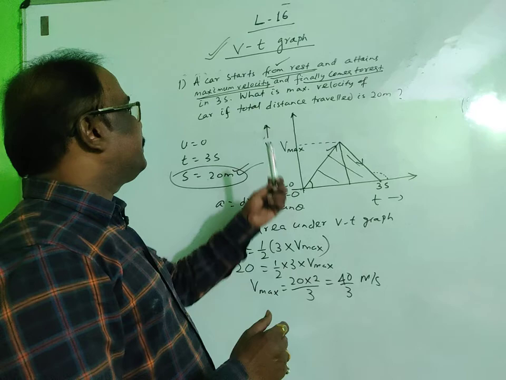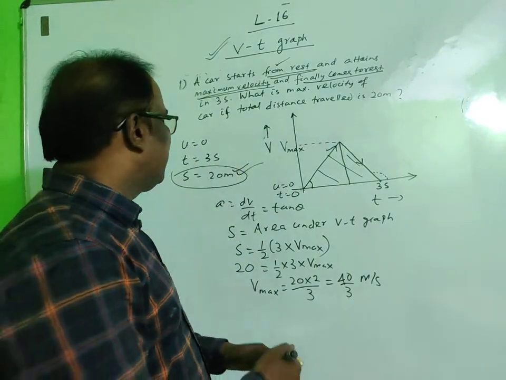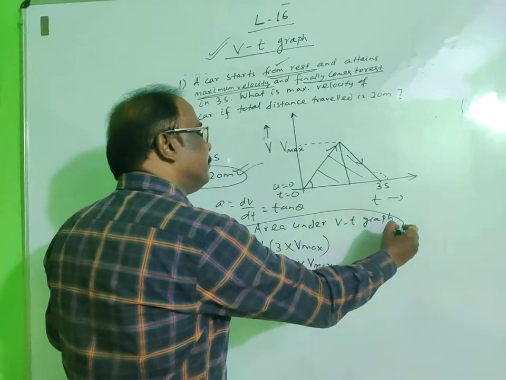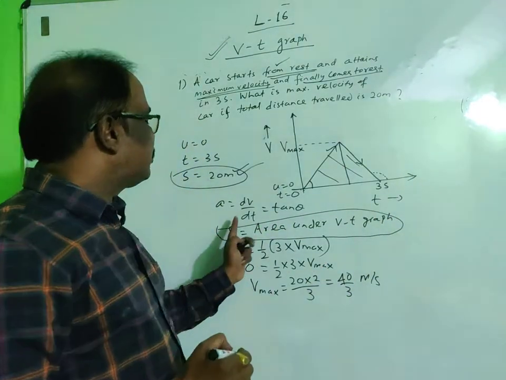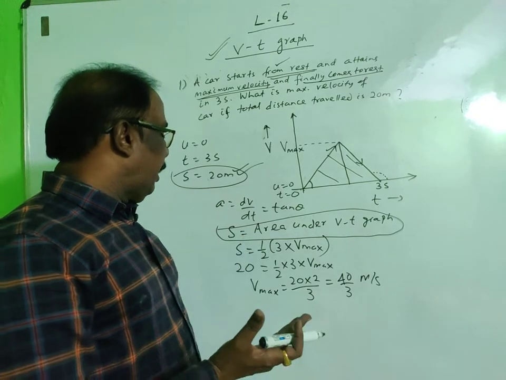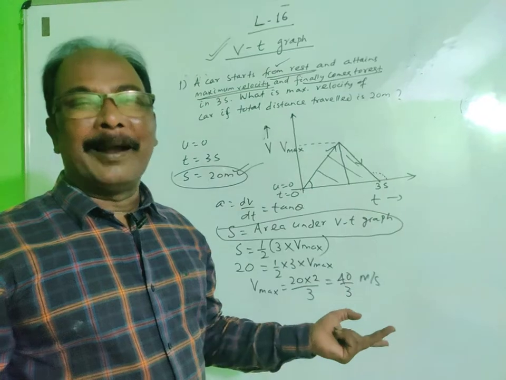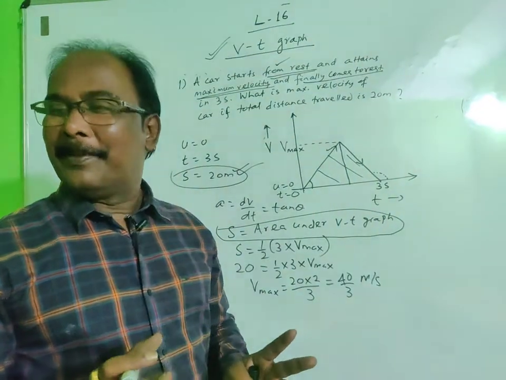This is your answer for the first question, and this is too fundamental. Just use this principle: distance traveled by a body moving in a straight line can be calculated by calculating area on the VT graph. Is it clear?